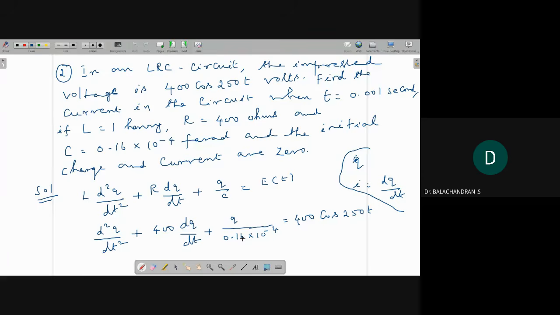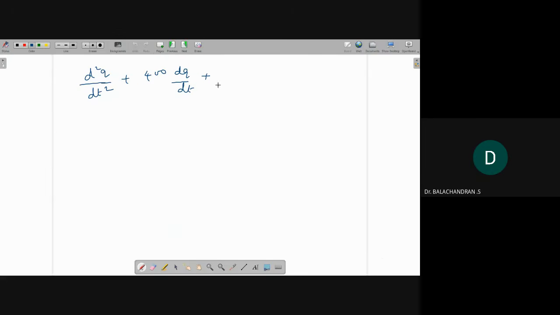Using a calculator, tell what is the value. 10,000 divided by 0.16 is 62,500. Yes, 62,500 into Q equal to 400 into cos 250t.